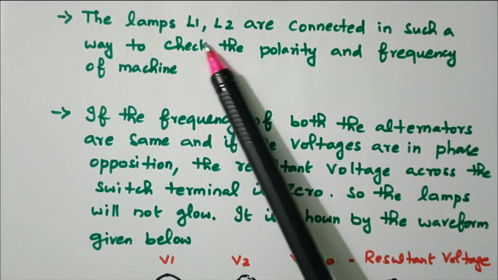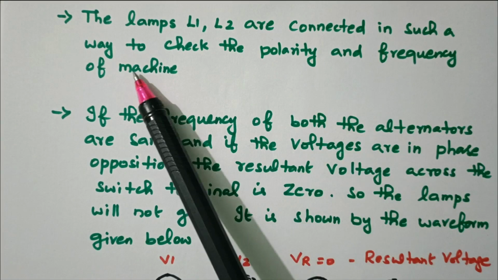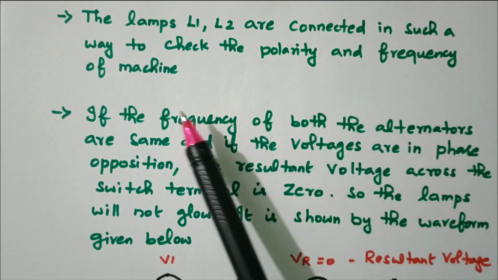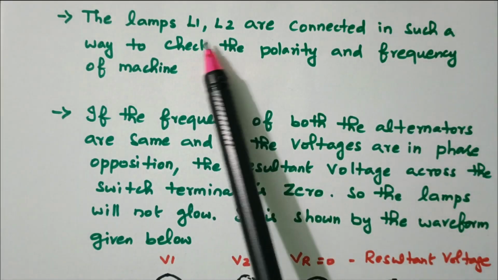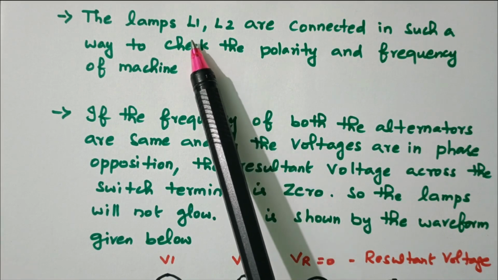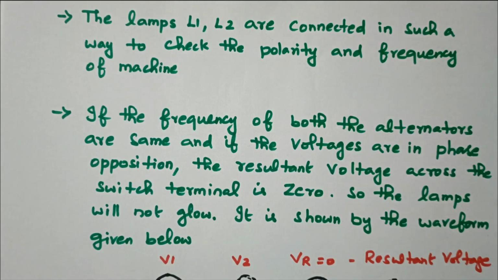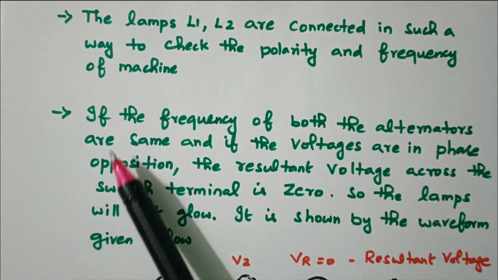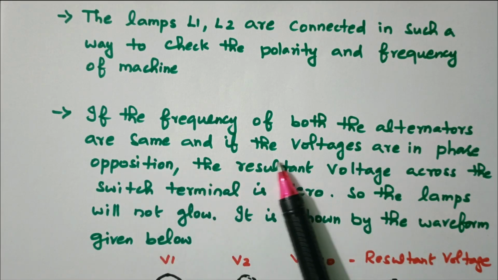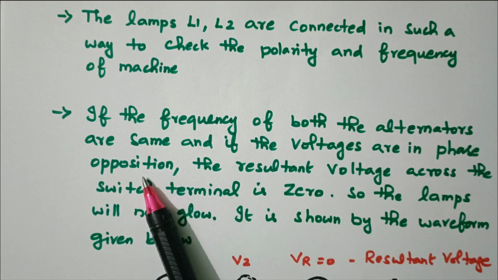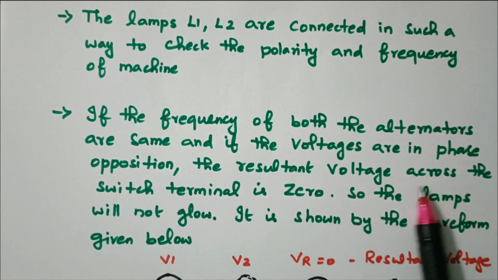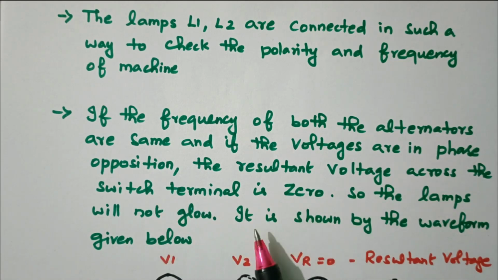The lamps L1 and L2 are connected in such a way to check the polarity and frequency of the machine. We know that L1 and L2 are connected across the switches in phase as well as neutral side. If the frequency of both the alternators is the same and if the voltages are in phase opposition, the resultant voltage across the switch terminal is 0.